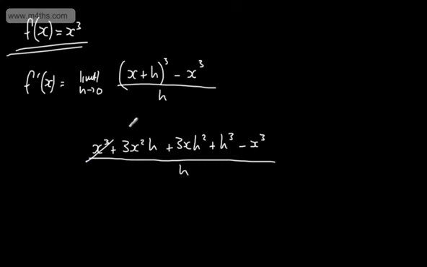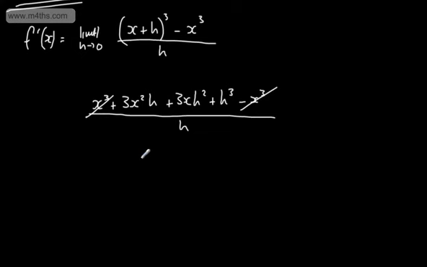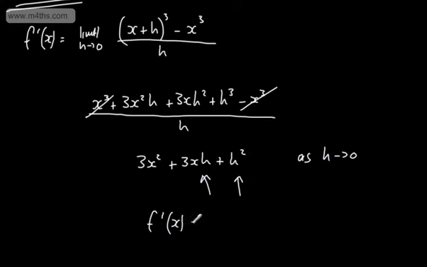So let's go ahead, cancel these off. They're now cancelled. We can divide through by h, so we're going to get 3x squared plus 3xh plus h squared. Now consider as h tends to 0, what's going to happen to this right here? Well, that's going to tend to 0 and that will as well. So we end up with f dashed of x being equal to 3x squared. And that exactly stacks up with what we expected.